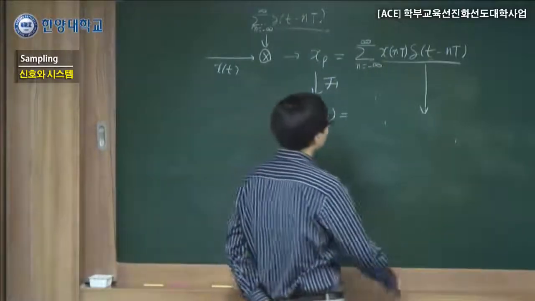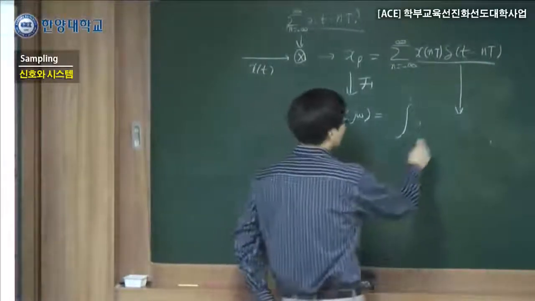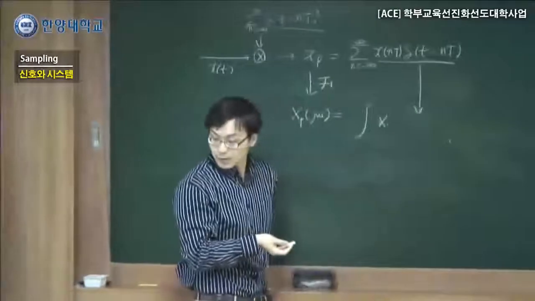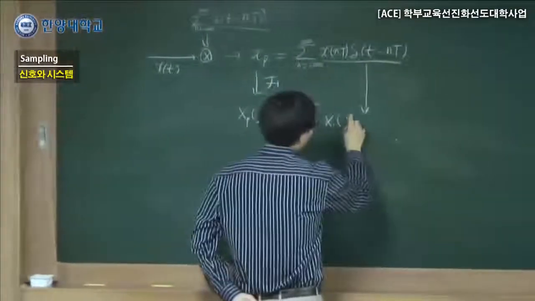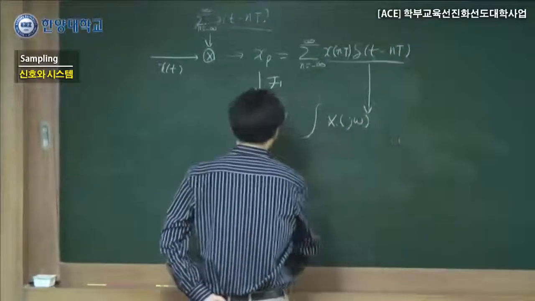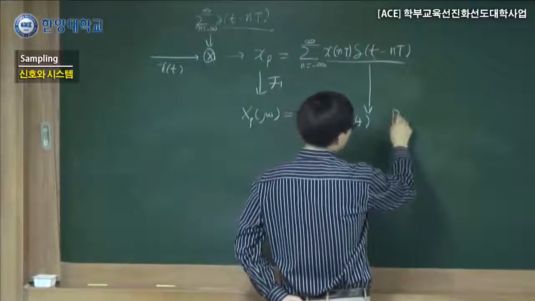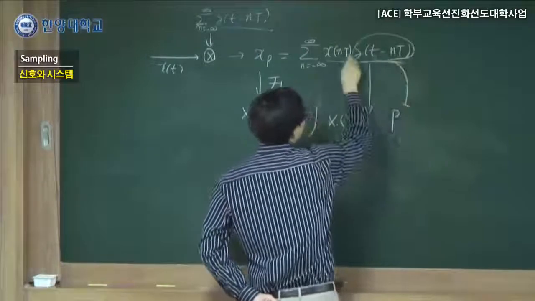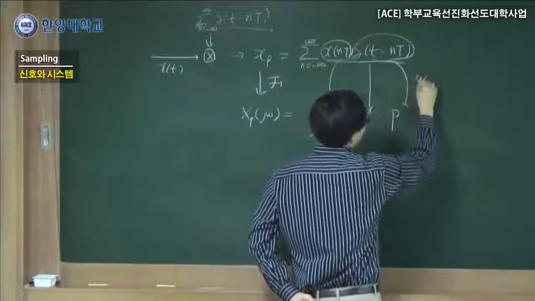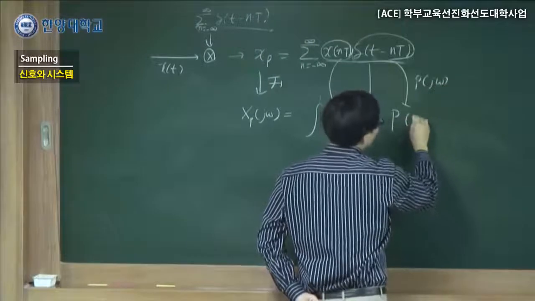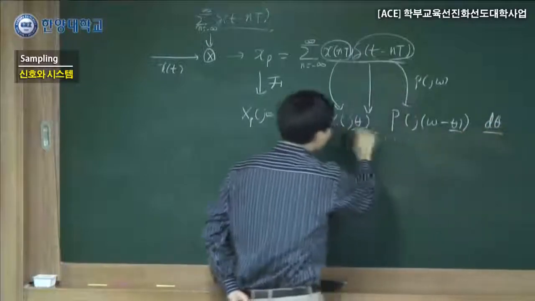So they will change to a kind of convolution. Say that X(jω). We should use theta because we need a new variable. And there's another, so the transform of this. Say that this one's transform is P(jω). Then, because it's convolution, we have to pick a new variable.